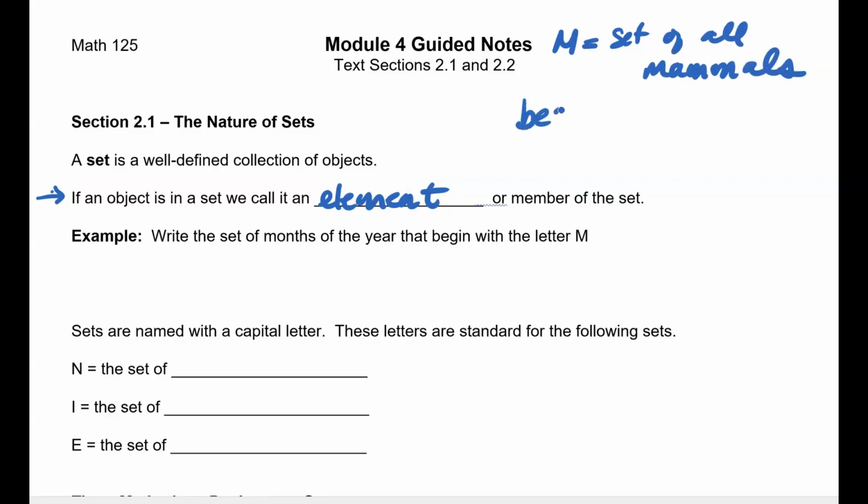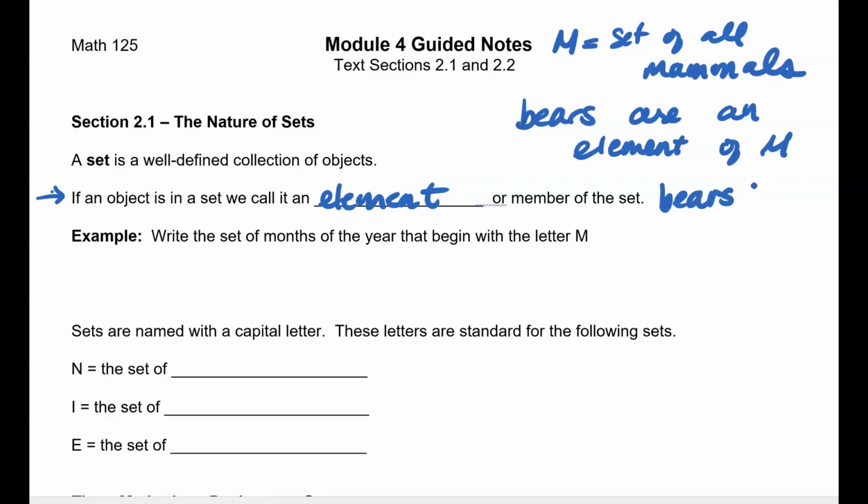We could say that bears are an element of M. And there's actually notation that allows us to say that even quicker, and we'll talk about it later on, but you can also say bears and use the symbol an element of M. So this symbol right here is an element of the set. Now, why did I pick M? I just picked that letter because mammals start with M. You can pick whatever letter you want. Usually we use capital letters to denote a set.